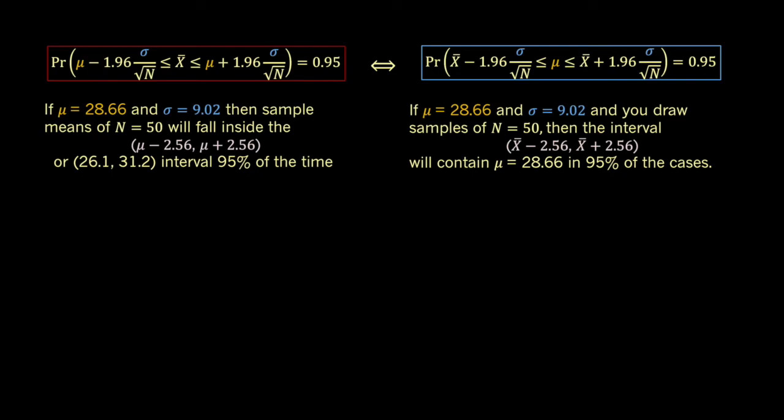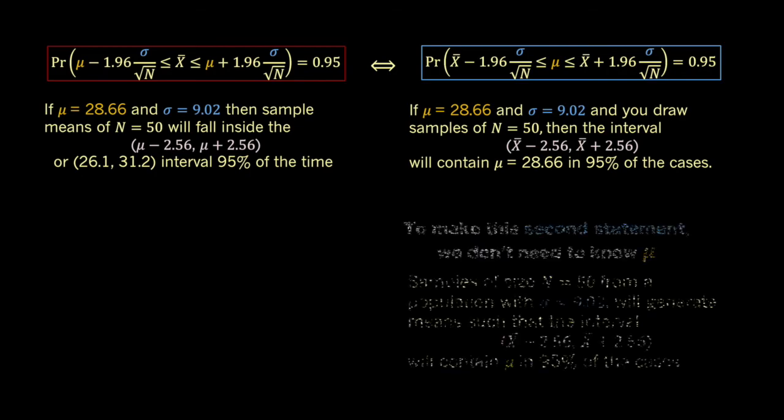That interval, 95% of the time. That statement is equivalent to saying if mu is 28.66 and sigma is 9.02 and you draw new samples of size 50, then the interval x bar minus 2.56 and x bar plus 2.56, notice that it's a different interval, will contain mu, so the number 28.66, 95% of the time.